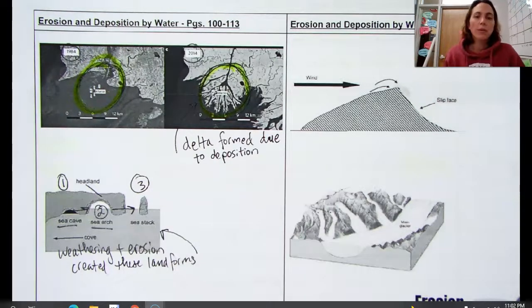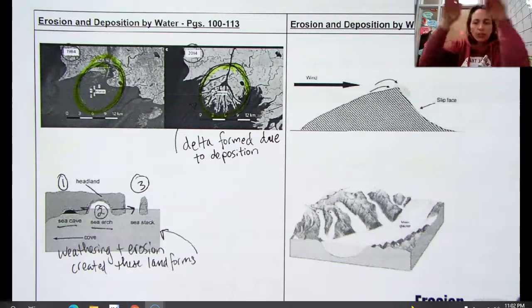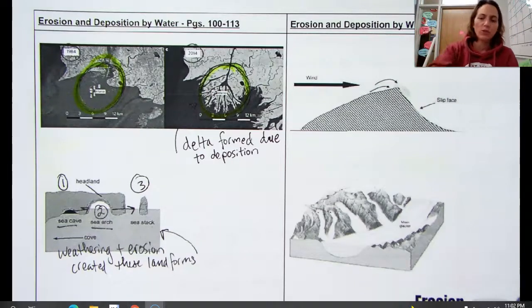And the reason why I numbered them 1, 2, 3 is because for number 1, there are cracks in what we call the headlands, the parts of the rocks that go out into the ocean, and the waves wear them down. And then the waves will get into those cracks and take away material and create a sea cave. That's what you see for number 1. Well, that sea cave eventually gets eroded away even more and turns into a sea arch.